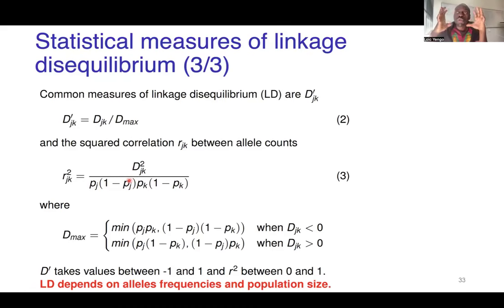We just know that we have a certain strength of linkage disequilibrium. But it is normalized such that now it lives between 0 and 1, such that the maximum value you can observe here is 1. And when you have 1, it means that your alleles are perfectly correlated: whenever you see a particular allele at that particular position, you are certain to see the other allele at that other position.